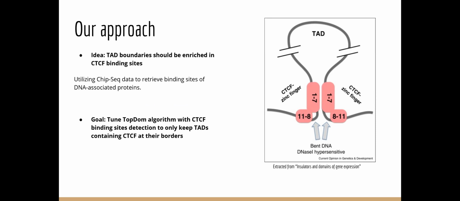And so we tried to zoom in on the CTCF binding sites. So with these two steps, getting only the domains that contain the CTCF at the boundaries and fine-tuning the TopDOM algorithm, is how we approached this. So now Sian is going to take on the next step.